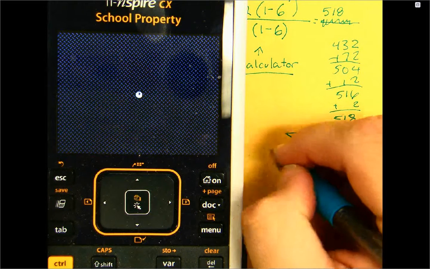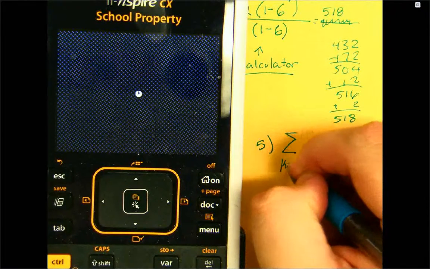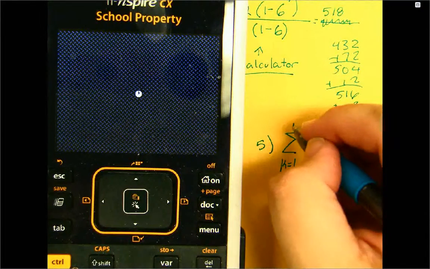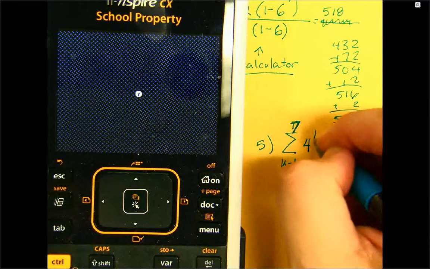Now, if you had, for example, number 5. Number 5 says the summation of k equals 1 to 7 of 4 to the k minus 1 power.